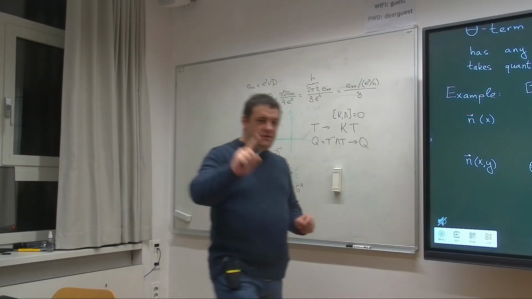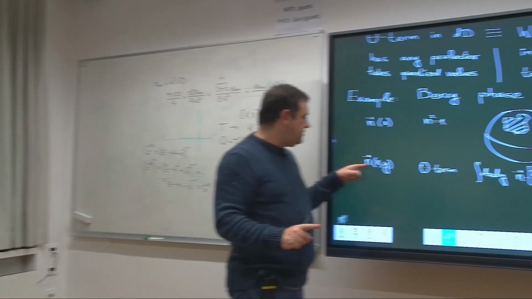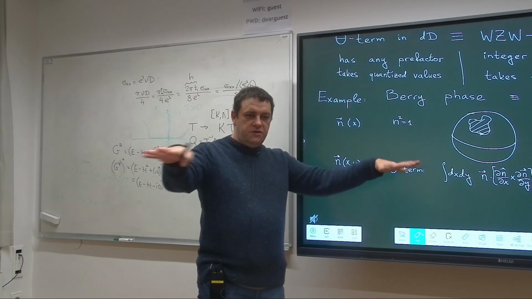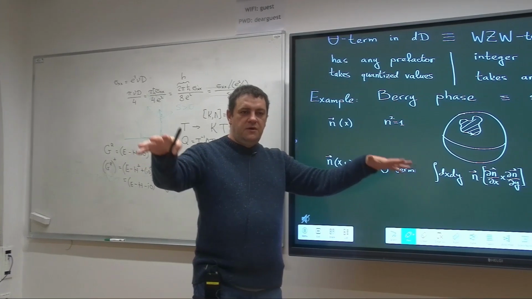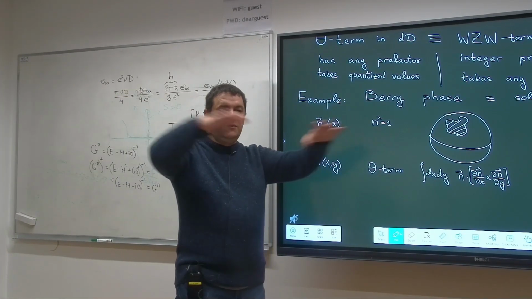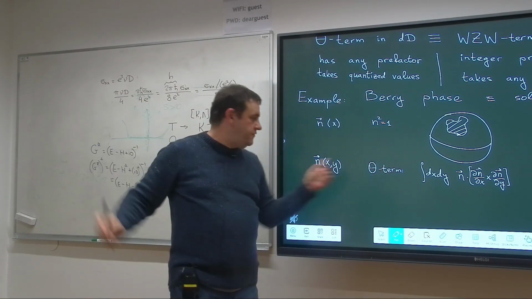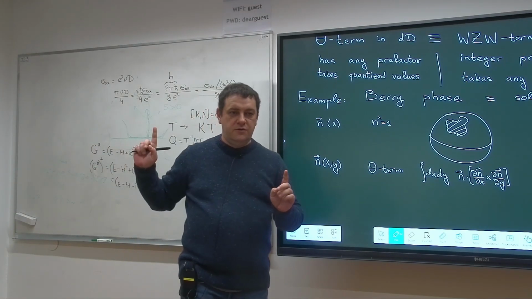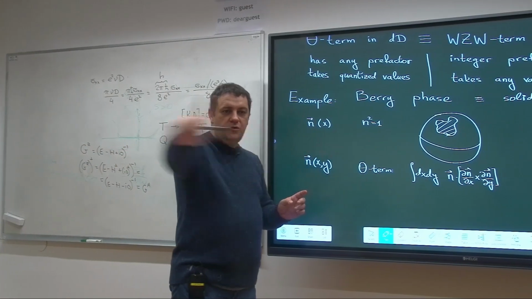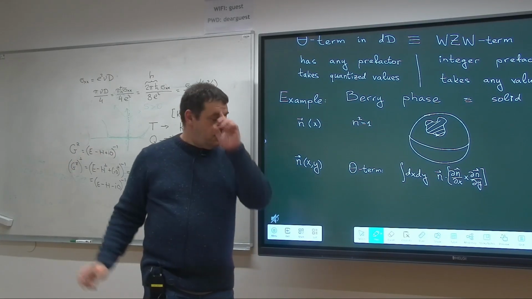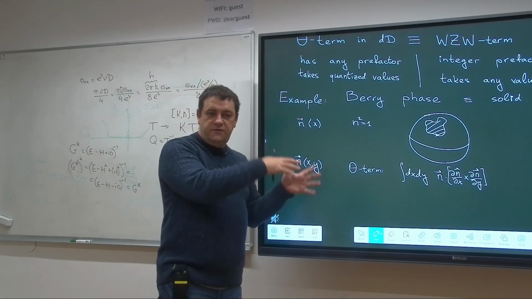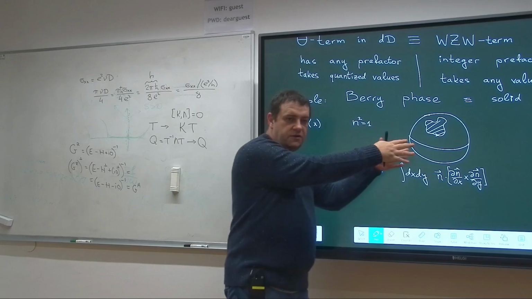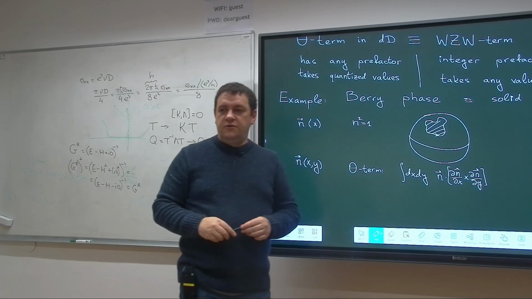But it's an integer number provided that your 2-dimensional n lives also in a sphere. So there are certain boundary conditions, somewhere at infinity in this xy plane, n takes the same value on the whole boundary. So it maps xy, which is like a sphere, to the sphere, and we count the degree of the map.